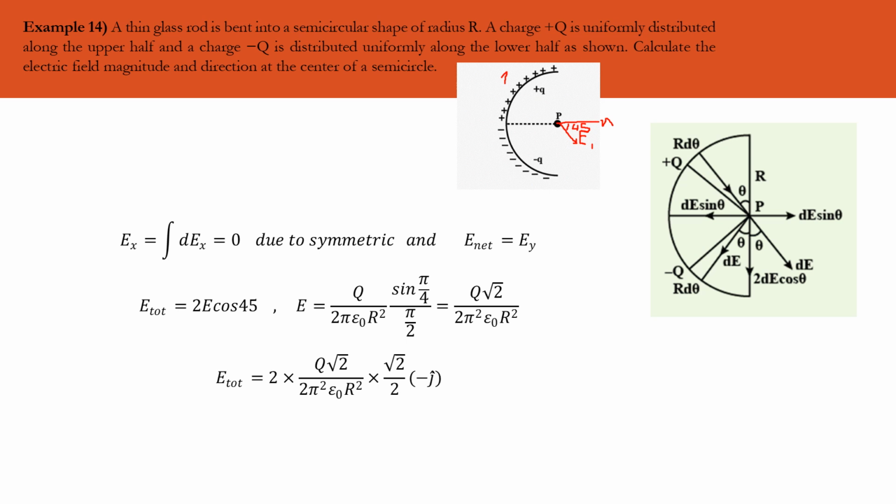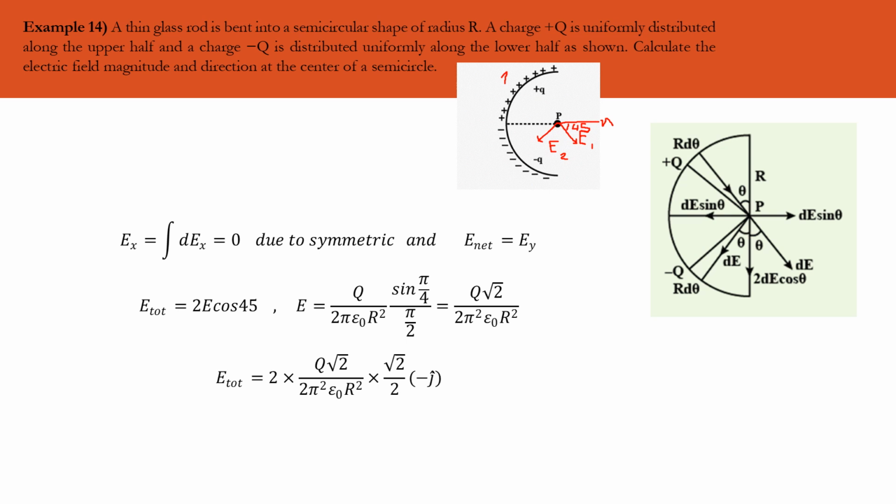Have a look at this one, everybody. Minus, positive: attraction. This is going to be E2. However, E1 and E2 will be the same in magnitude. Each one of them is obtained from this equation. The charge is Q, the radius is R, and the angle phi for each quarter is half pi.